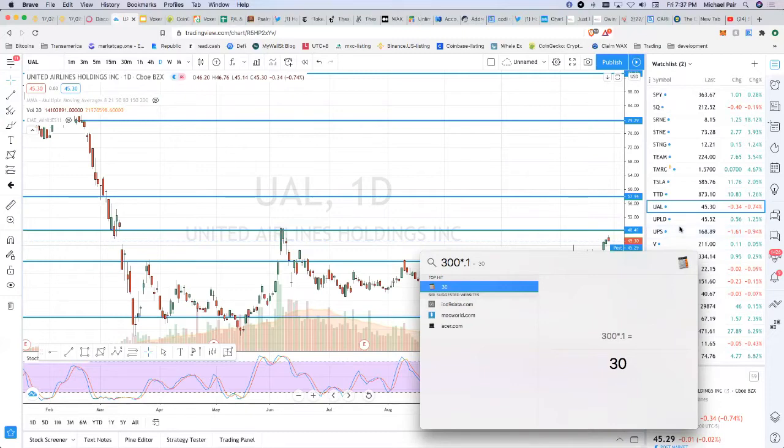So if you can earn 10% on that little $1.57 stock, it doesn't matter if you earn it there or if you earn 10% up on Tesla, because whatever your percentage is, 10% in this case, it's still going to be $30 if you're starting with $300. So the percentages are just percentages, right?